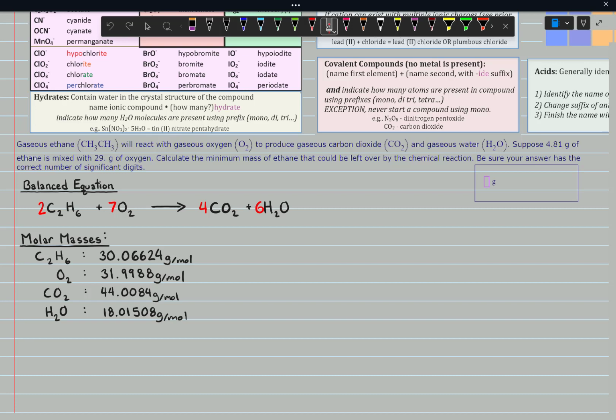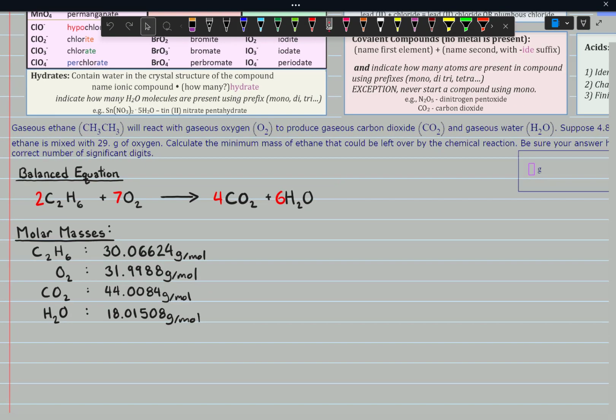But if oxygen was the limiting reactant, then we would have leftover ethane present at the end of the reaction, and that would be the minimum mass of ethane that would be left over by the chemical reaction.